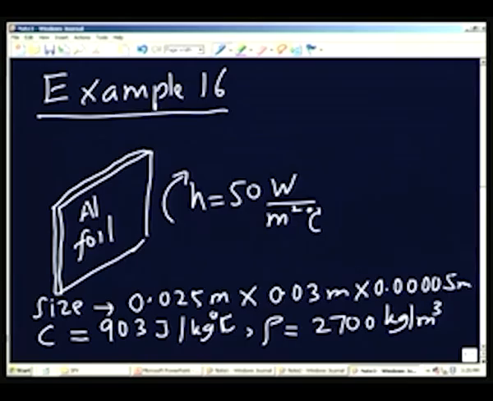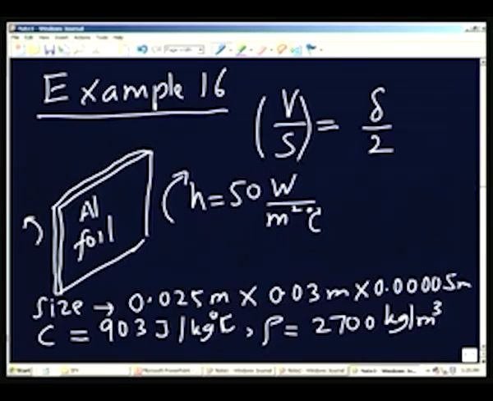If you remember what we have discussed earlier, assuming that it is losing heat from both sides, the volume to surface ratio is nothing but delta by 2, where delta is the thickness of the foil. Half the foil thickness is the volume to surface area ratio.